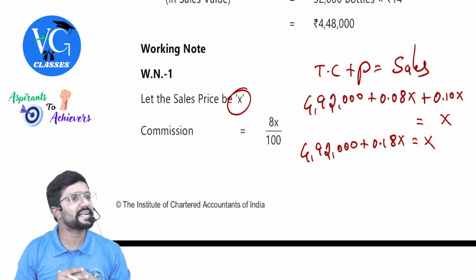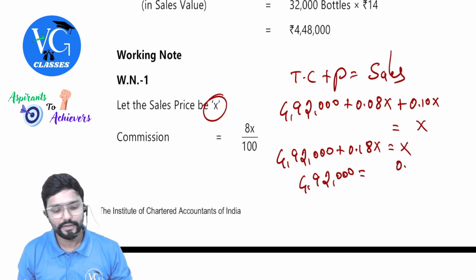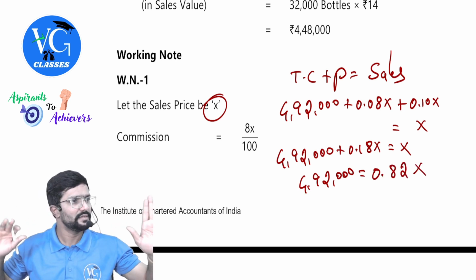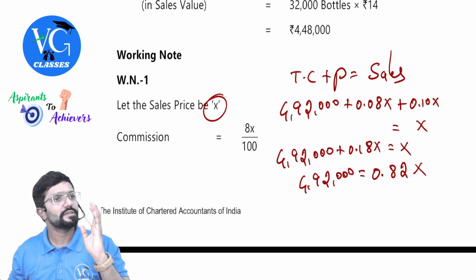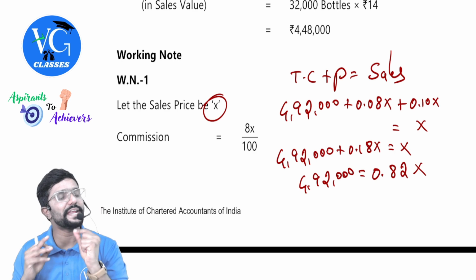Take 0.18x to the other side. So 4,92,000 is equal to 0.82x, that is, 1x minus 0.18x gives 0.82x.